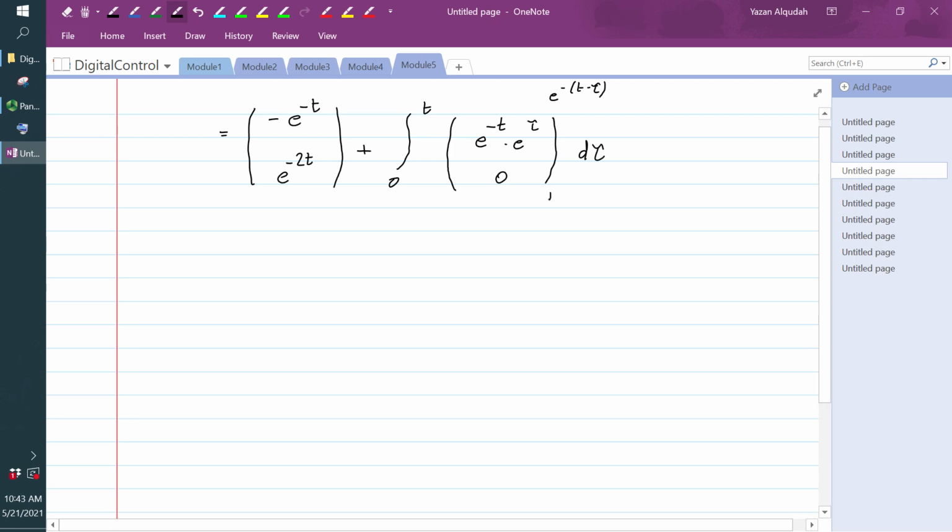Now, the way we do this is we integrate each term.